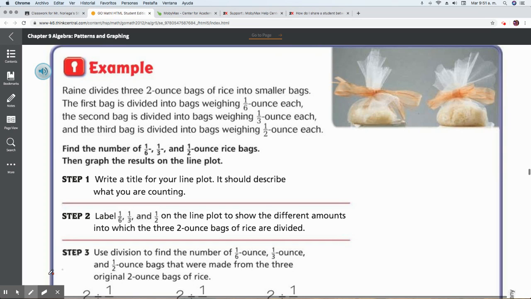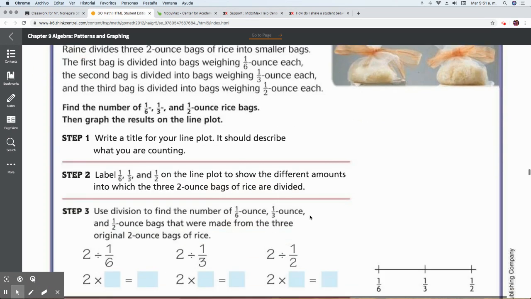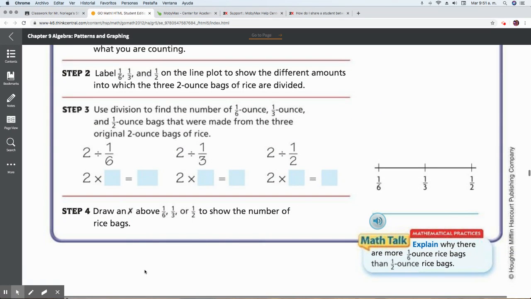So for the title, we're going to use weight of rice bags. This is a title that I want you to write under your line plot. Weight of rice bags.